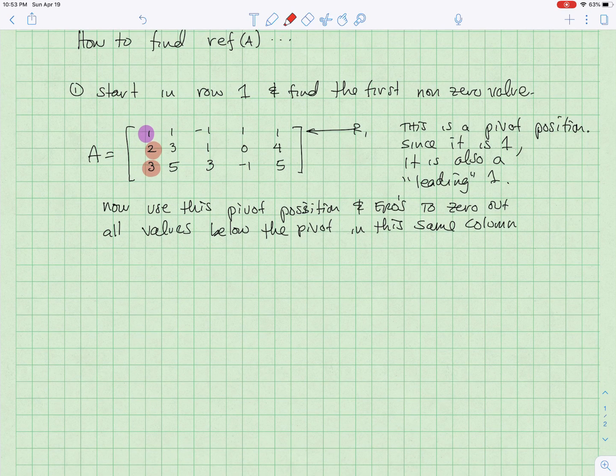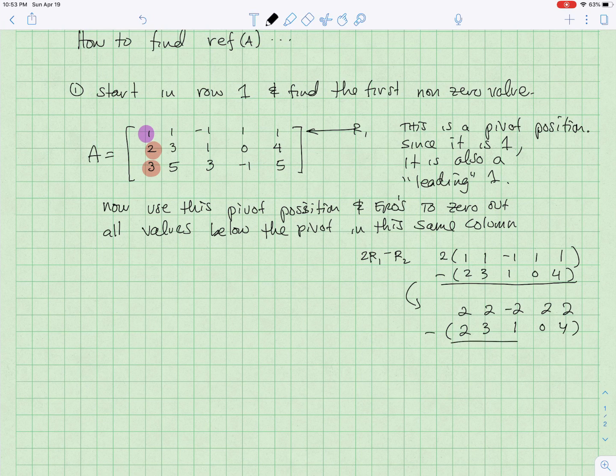So how can we do that? Well, if this was a system of equations and not just a couple of rows, I might use elimination, and I might take that first row and multiply it by 2. That is to say, I might do something like 2 times row 1 minus row 2, and that would look like this. 2 times row 1 gives 2, 2, negative 2, 2, 2, and row 2 is 2, 3, 1, 0, 4.